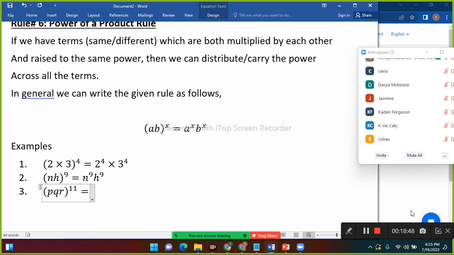What would it be? We have PQR all raised to the power of 11. Can we have from you, Kaden? I can do it. All right, go ahead. Go ahead, Jasmine.